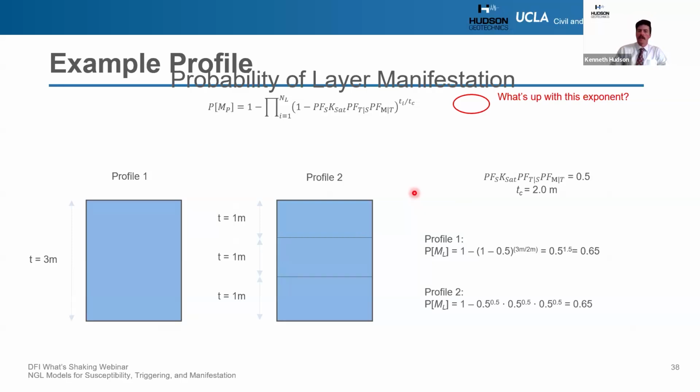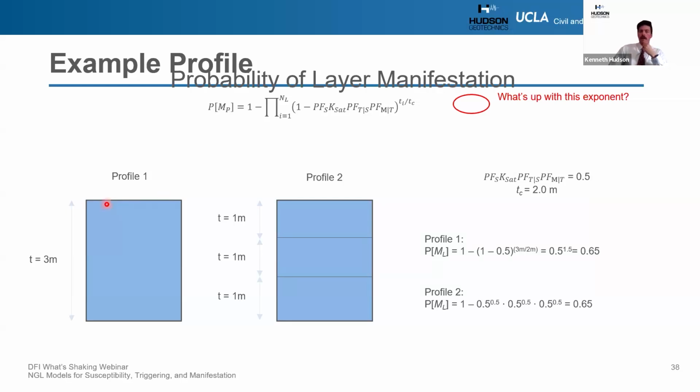But to explain that T over TC really quickly, it basically just allows us to normalize a layer by a characteristic thickness, so that it's not sensitive to how you discretize your profile. So here's an example of where a model would be sensitive to your discretization of your profile.